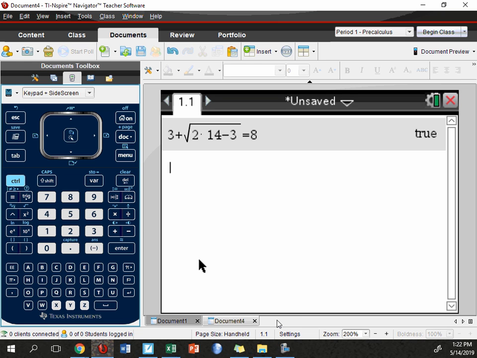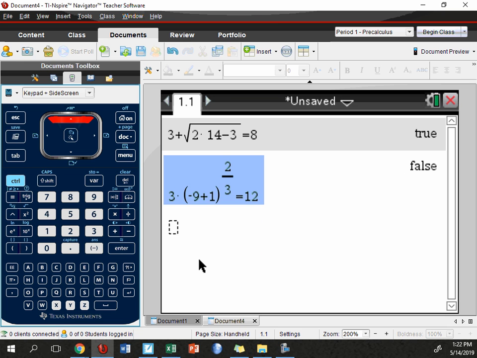My problem is 3 times parenthesis x, which is negative 9, plus 1 raised to the 2 divided by 3 is equal to 12. What does that say? False. What does that mean? Negative 9 does not work.